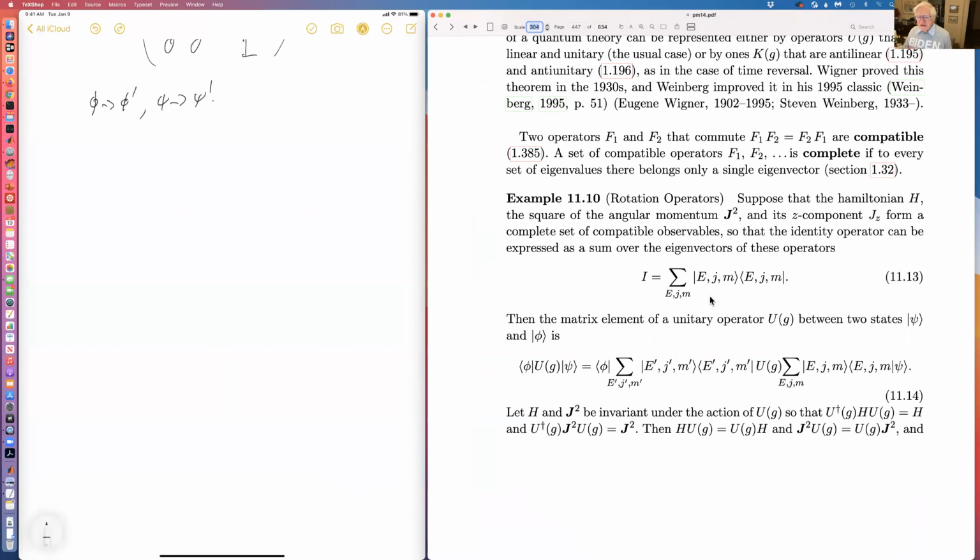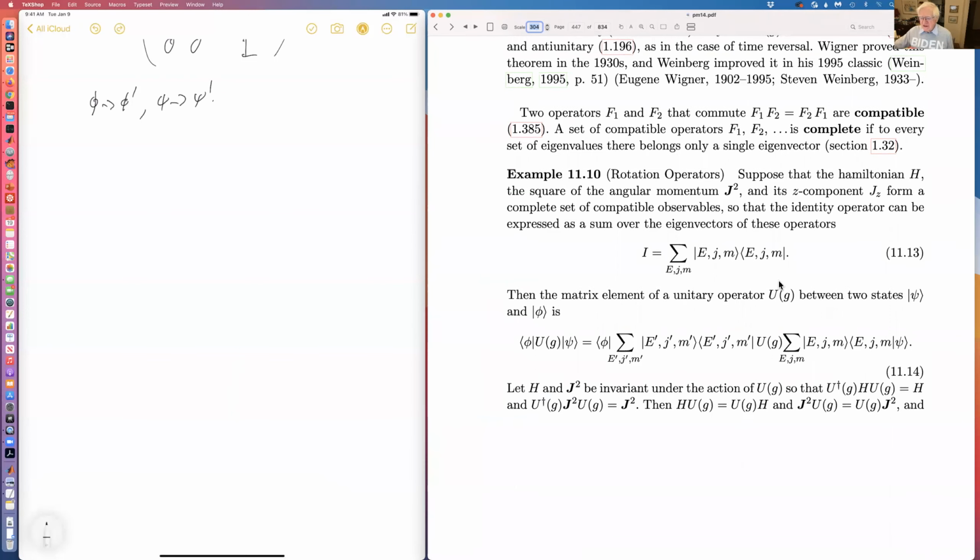Then you can write the identity operator as a sum of outer products over the energy eigenstates, the angular momentum eigenstates, and the z component of the angular momentum eigenstates. The idea here is that H on the state EJM is some energy eigenvalue E times EJM.